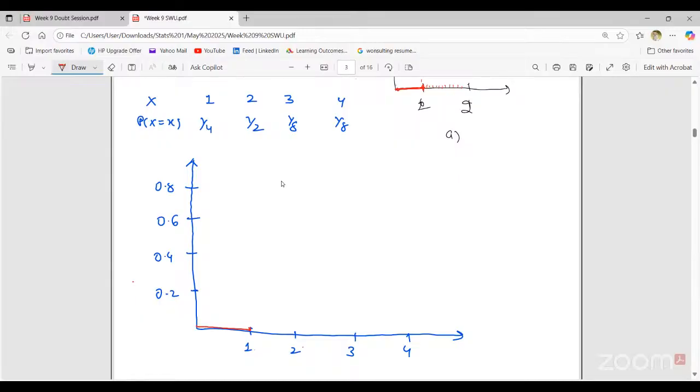At what point will it jump? 0.25 here, correct? Now from 1 to 2, it will be the same, 0.25, correct? Now at 2, it will again jump. At what point? 1 by 4 plus 1 by 2, which is 3 by 4, approximately 0.75.